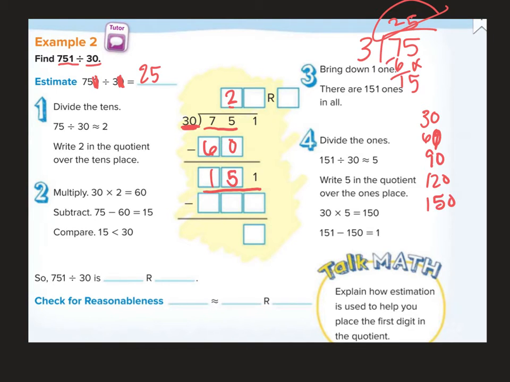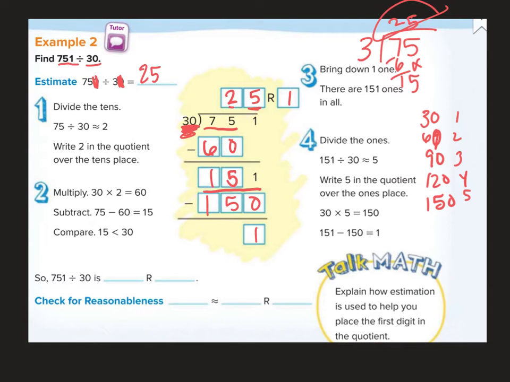Oh, look how close we can get. That's 1, 2, 3, 4, 5. And I know that 3 times 5 is 15, so then add my 0, 150. 30 times 5 is 150. So I have 1 left over. So my answer is 25, remainder 1.